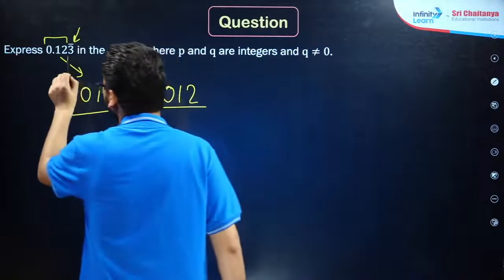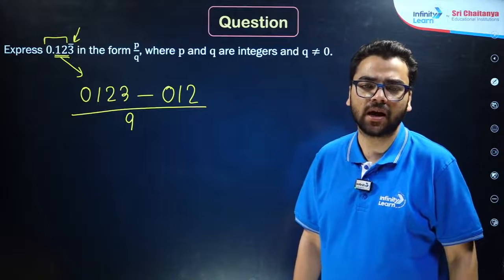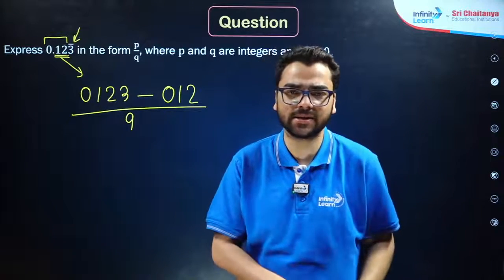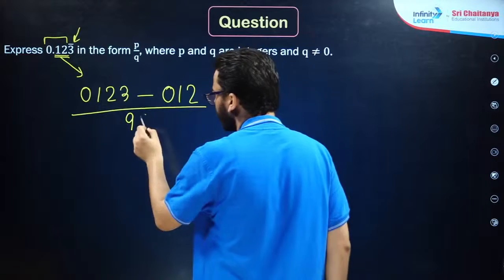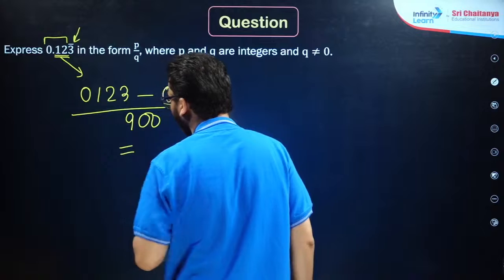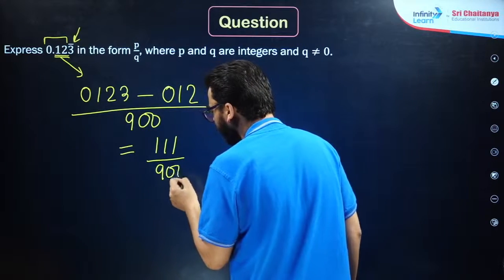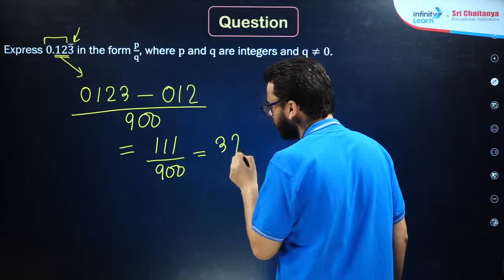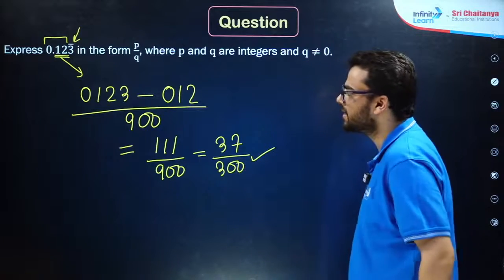And then after the decimal, only two such digits are there on which bar is not there. So 2 times 0 will come. This is the P by Q form. So this is basically 111 by 900, which you can further simplify. So 37 upon 300 is the answer.